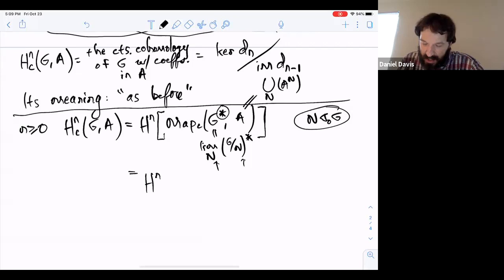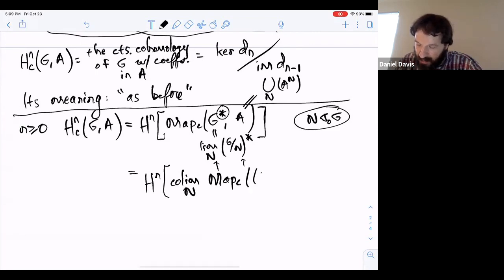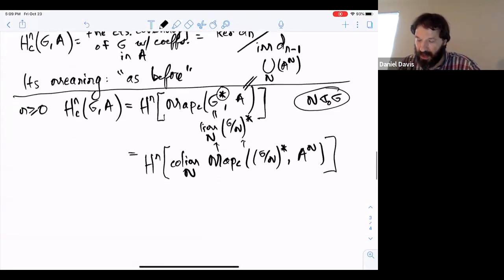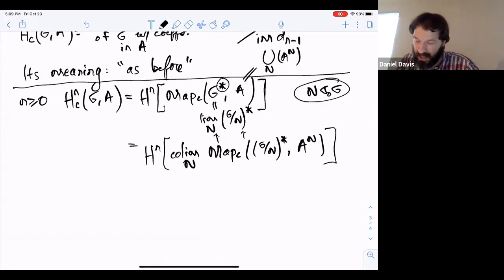So it turns out that we can pull that outside, and we get the colimit over the n's of maps from C of G mod n star to A upper n. Now, G mod n is a finite discrete group, so this is actually just sets G mod n star A n.